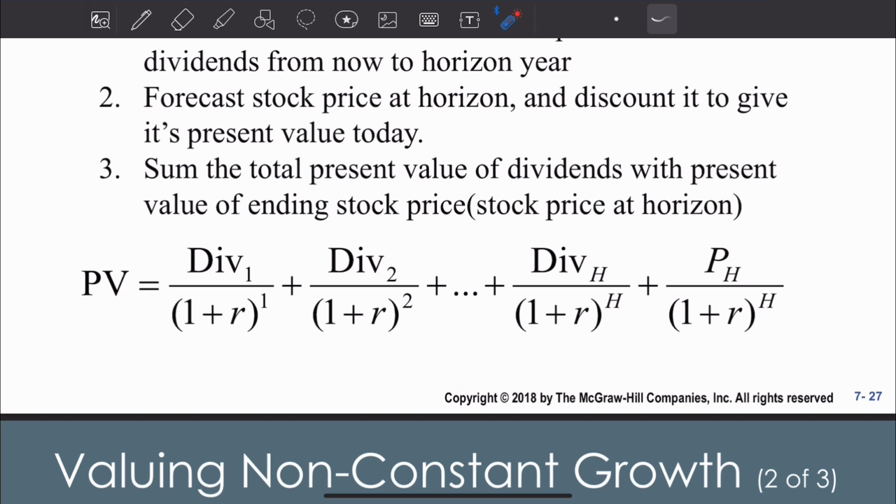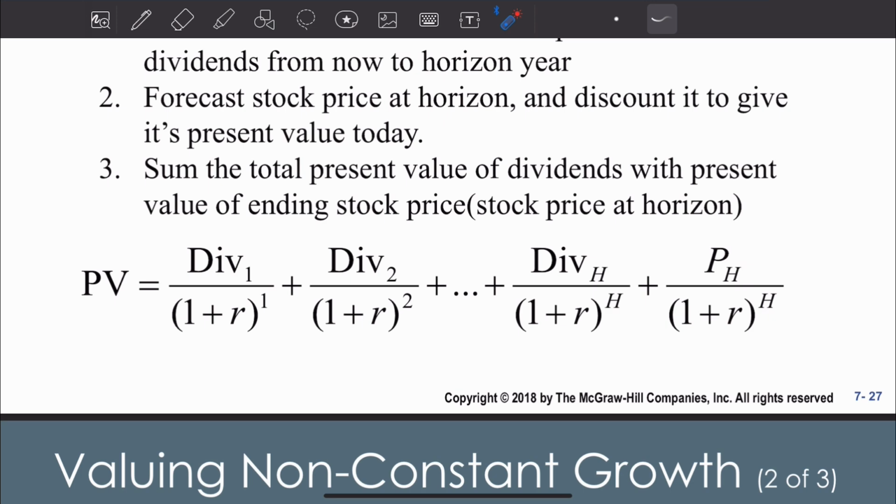For example, if we expect the company's growth to vary in the first 3 years, for instance, we're going to take the dividends for the first year, discounted on its own by 1 year, and then the second year's dividends discounted for 2 years, and then the third year's dividends discounted for 3 years. And then we assume that after the third year, the growth is going to settle down.